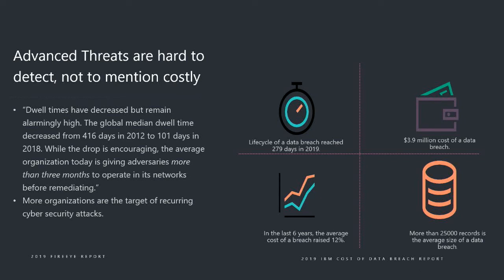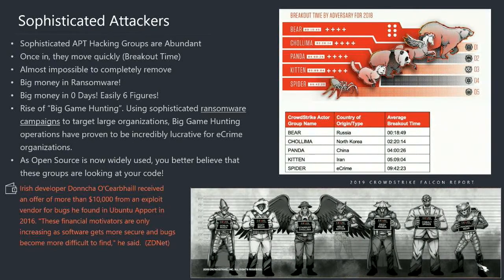Another problem is we've got these advanced threats, like I said, they're very hard to detect, and they're hard to get rid of. This just talks about dwell time. It's dropped recently, probably because we have better security tooling than we used to have with security event management type stuff. But we're still looking at 110 days that these adversaries are dwelling on networks. And of course, the sophistication of attackers in terms of breakout time is pretty impressive.